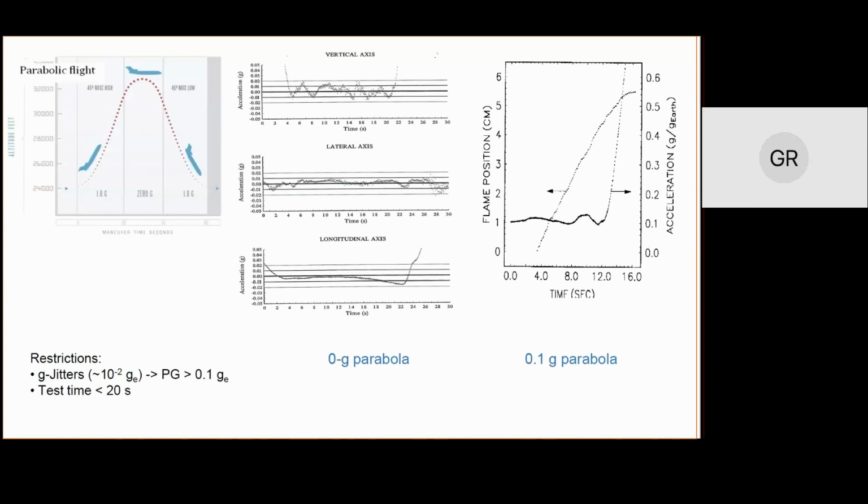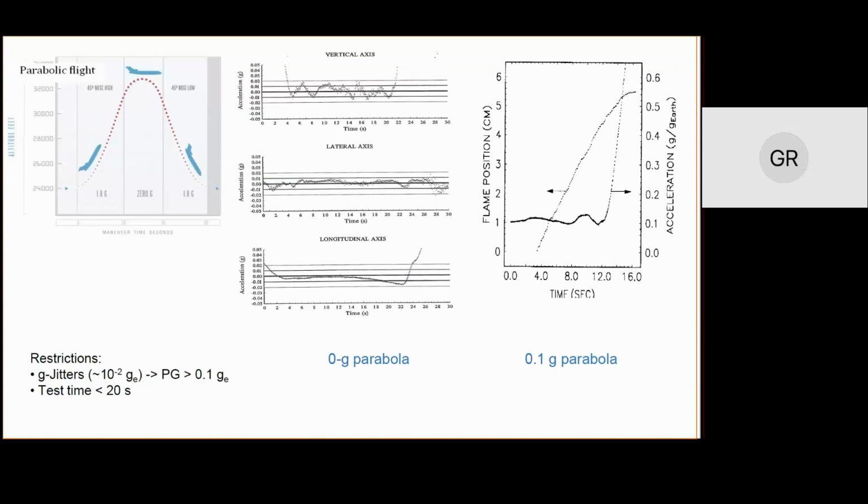Okay, so we can use aircraft to fly a parabolic trajectory. On the left, you can see a trajectory with zero gravity, and you can modify this to be partial gravity. In the middle, you see the G jitter trace on the 3 axes. In some axes, it's a little bit more than the others, so if you want to choose a partial gravity, sometimes you have to choose the best axis.